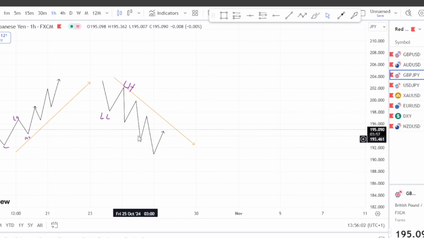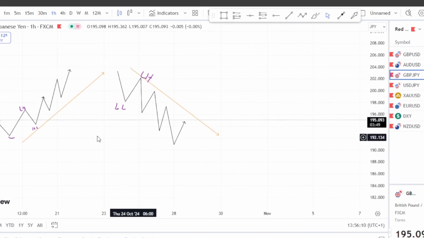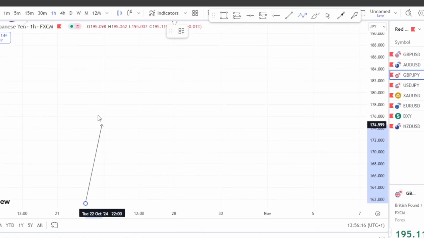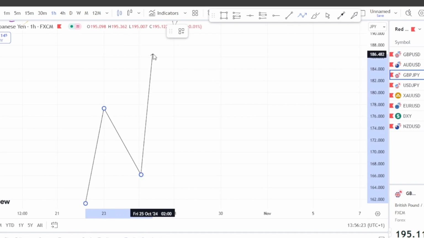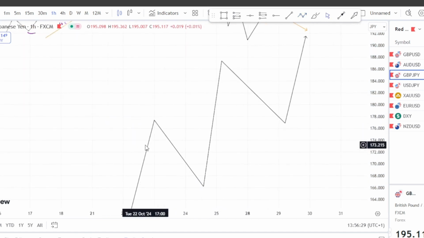We use this as a symbol to represent the overall market, but this is not actually how it looks when we are looking at it on a real market. In a real market, let me put a serious impulsive move. Something like this.